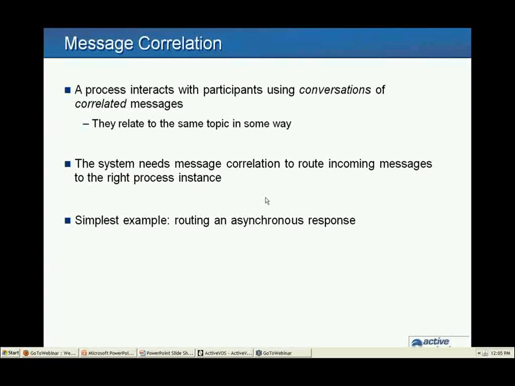And the system needs to pay attention to this correlation because the system has to be able to route incoming messages that are just directed to the engine in general, or the service definition, to the right instance of that process.